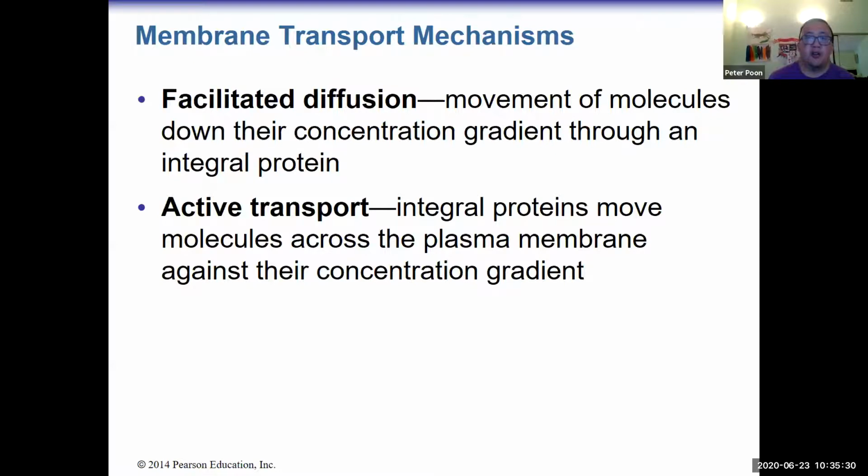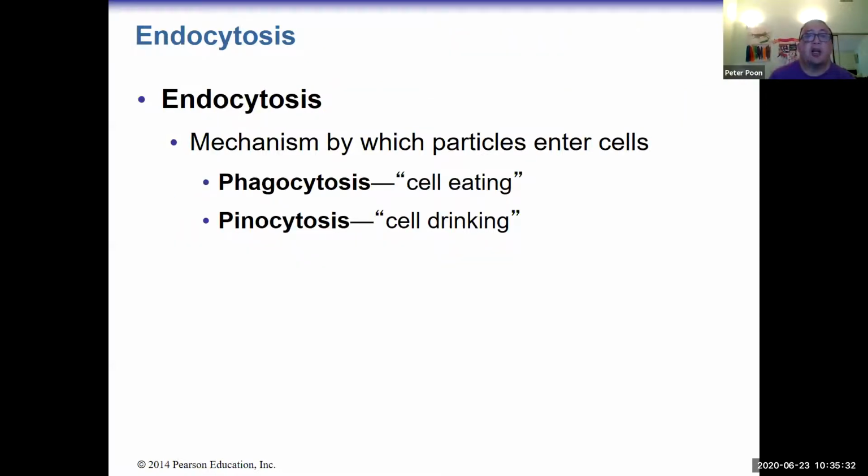So I covered these two. Endocytosis: endo, inside, cytosis, cell. Endocytosis is the mechanism by which particles actually enter cells. Large particles, not a small molecule that can come across the membrane, but like an entire bacterium or an entire little droplet of water and stuff.